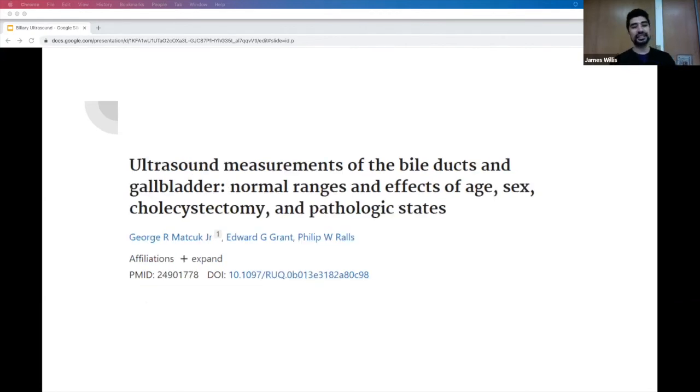Okay, and then just the last study, to talk about where we get these numbers from and why there's so much variability. This study was essentially to understand what normal measurements are of the common bile duct as well as other gallbladder measurements. They took about 4,000 ultrasounds, retrospectively analyzed them, and determined what the normal measurements were. There were wide ranges.